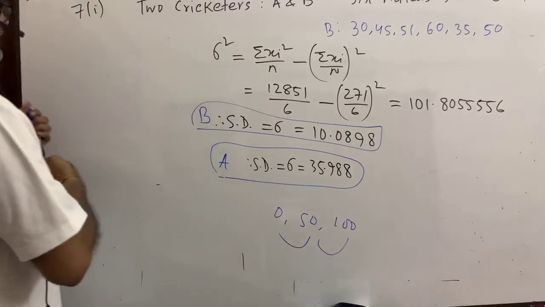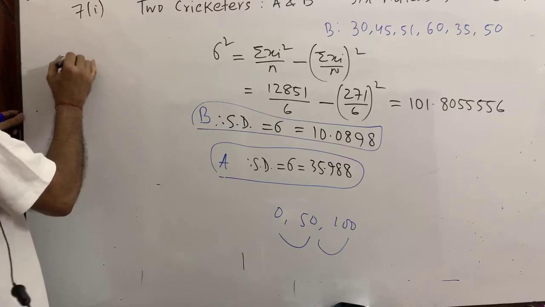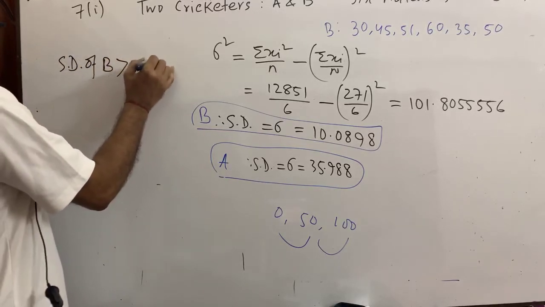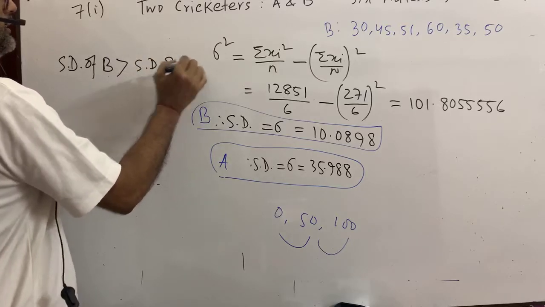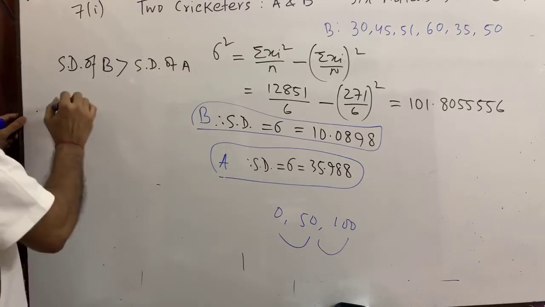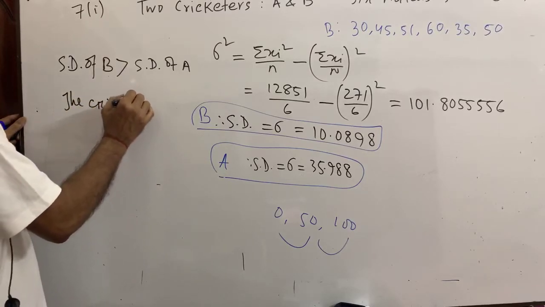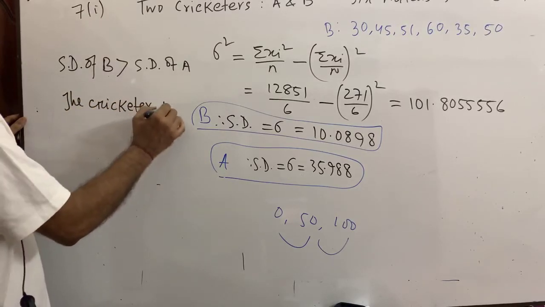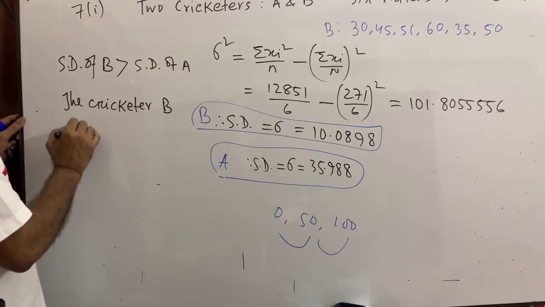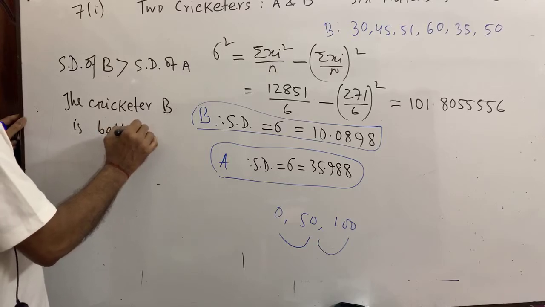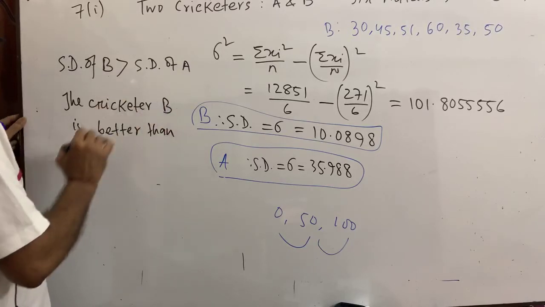The standard deviation of B is less than the standard deviation of A. So cricketer B is better than A.